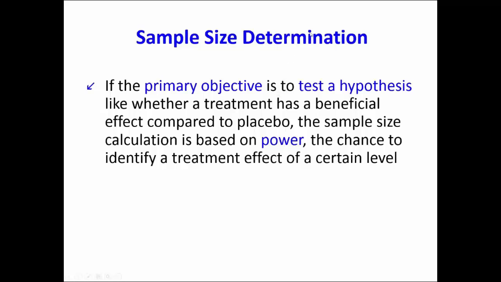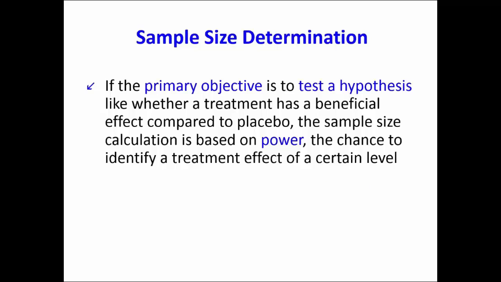If you are trying to test a hypothesis, for example, you want to see if a treatment is better than another or a placebo, then we're conducting a statistical test. Here the power is defined as the chance that we will be able to detect a treatment effect if it exists, a treatment effect of a certain size.